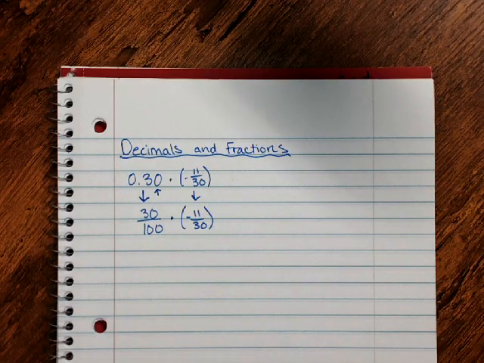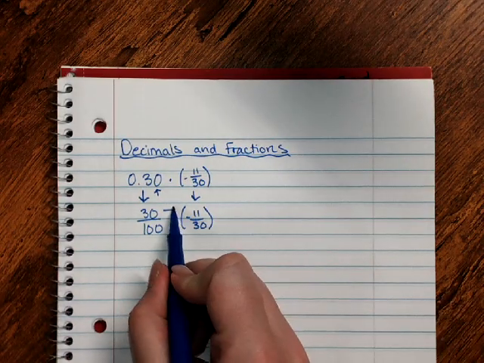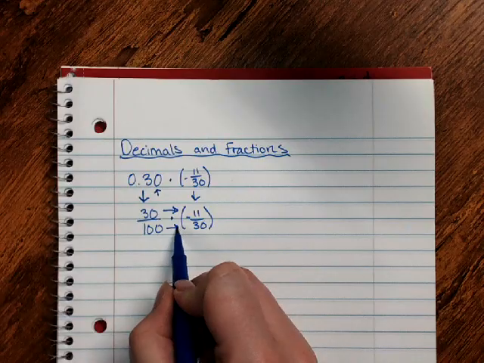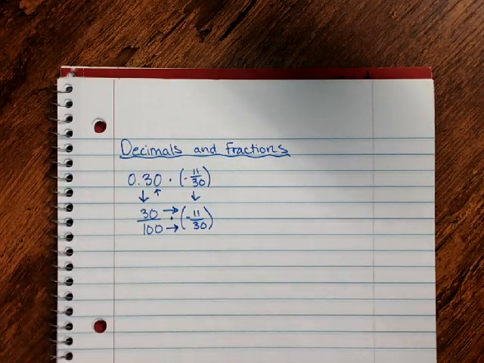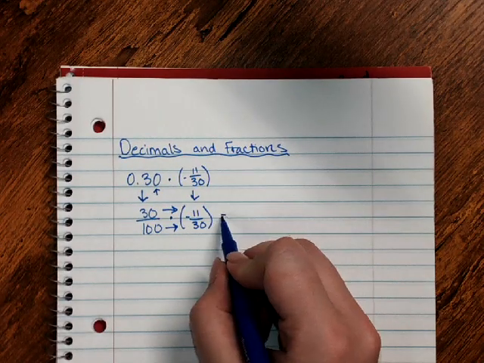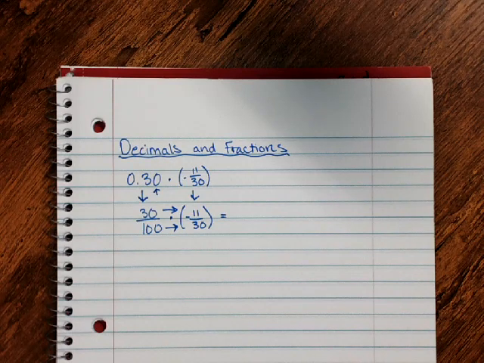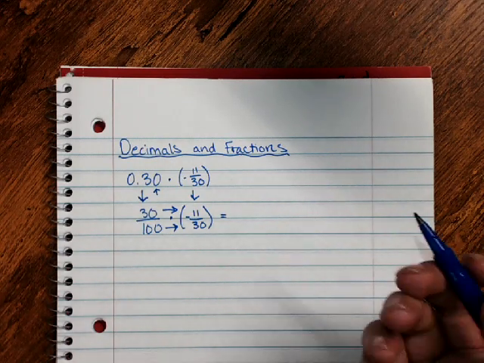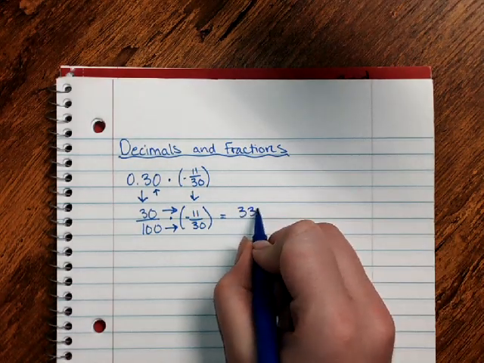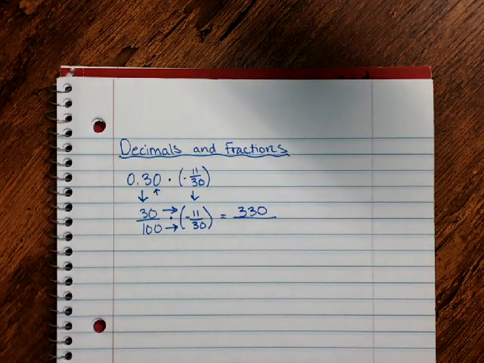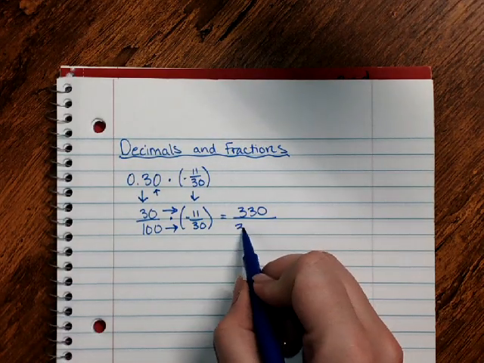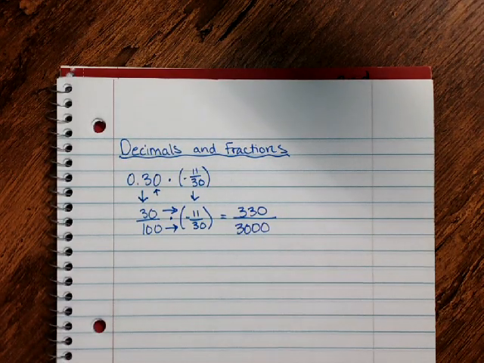Now, if you don't know how to multiply fractions, it's pretty simple. All you have to do, like we talked about earlier, is multiply the numerators, multiply the denominators. So 30 times 11 is 330. 100 times 30 is 3,000. Now for me, I would simplify this personally.